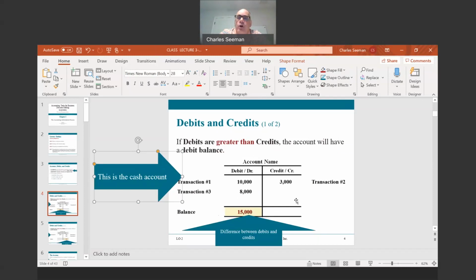So let's say we increased cash by $10,000. And 2, we decreased cash by some amount. Remember, everything on the left side, debit to increase, credit to decrease.